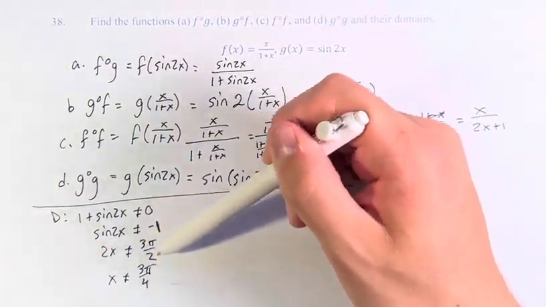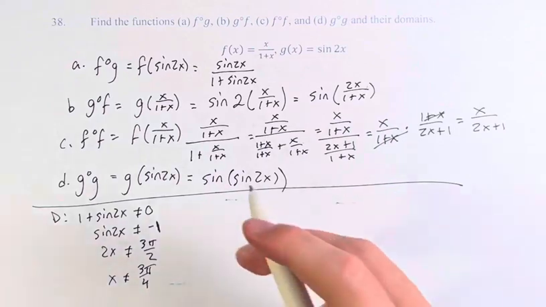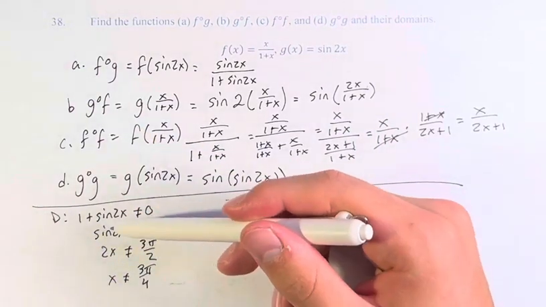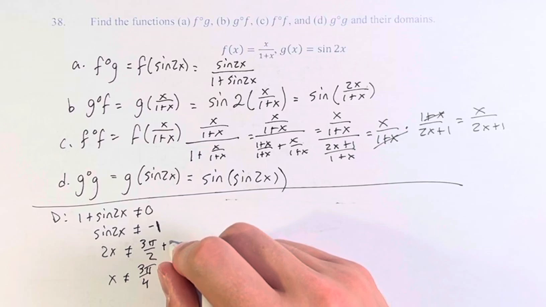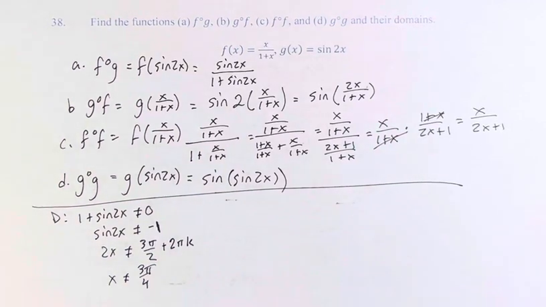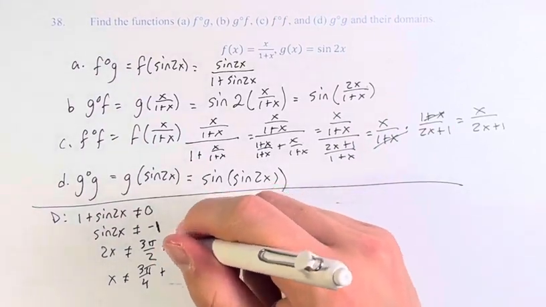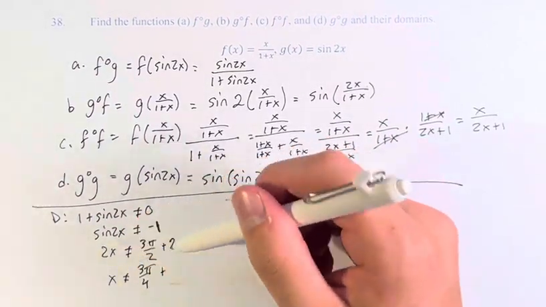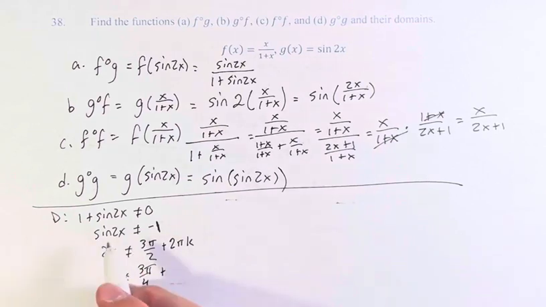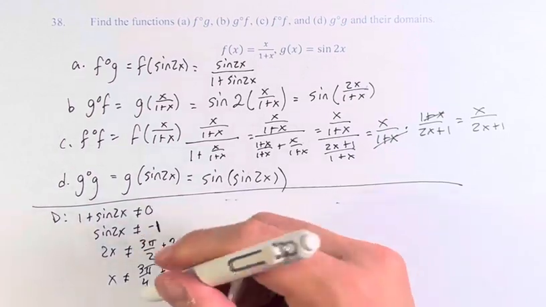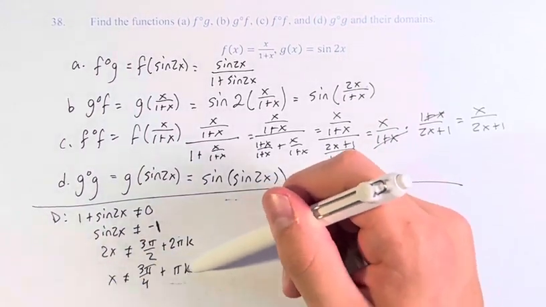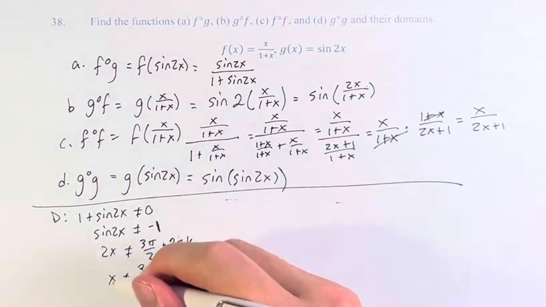So not only is this value going to output a sine value of -1, but if we add any multiple of 2 pi, it's also going to do that. So we multiply by 2 divided by 2, because when we're dividing 2x to x, this 2 disappears. So the answer is 3 pi over 4 plus any multiple of pi, positive or negative, right?